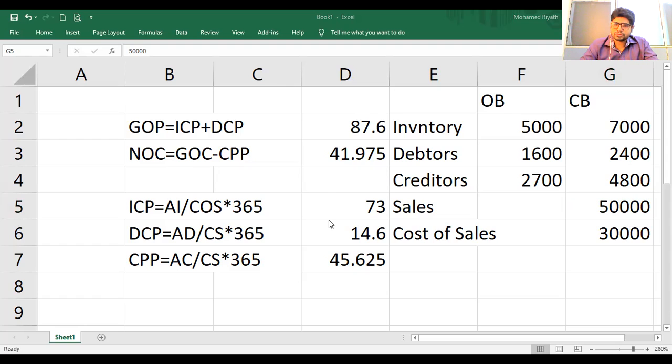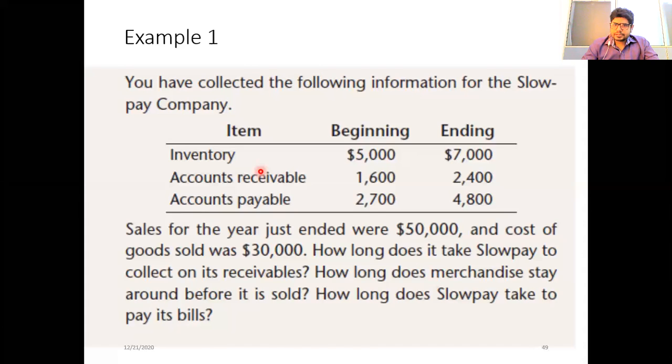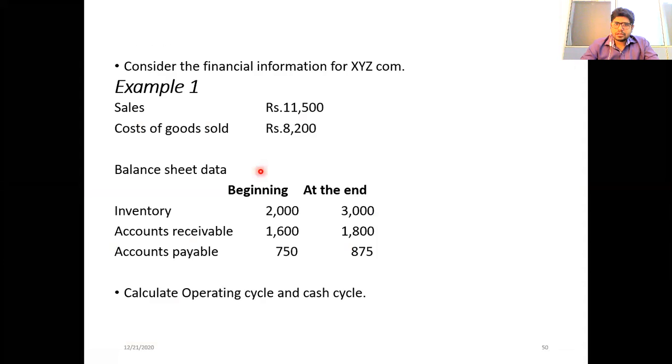Then, right, now we move to the second question. Second slide. Can you do this? Or I will explain it. This one also, same thing. So I will do it.